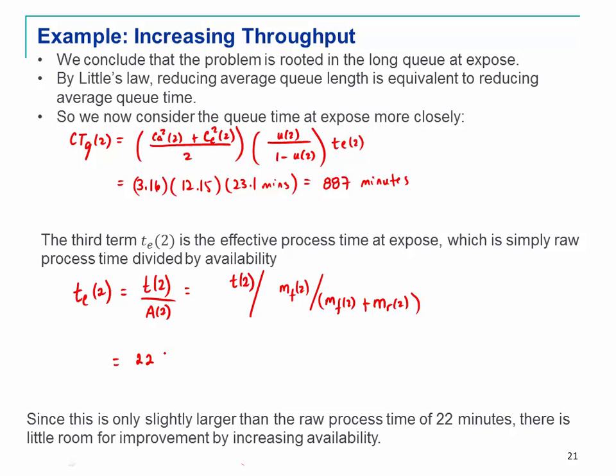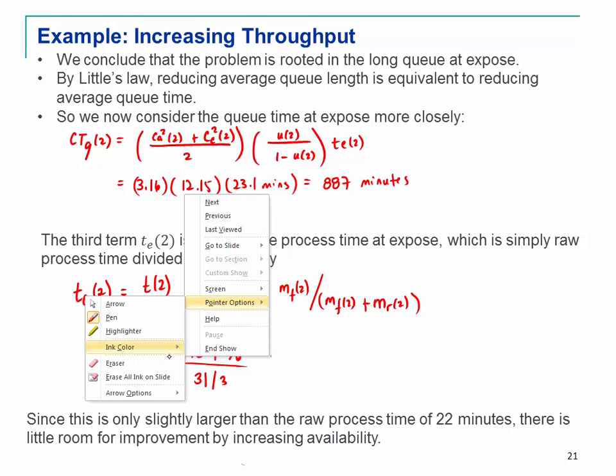22 times 31 divided by 3. I'm sorry, this is 3 times 1/3 hours plus 1/6, divided by 31 over 3, and make sure that it's not clear.